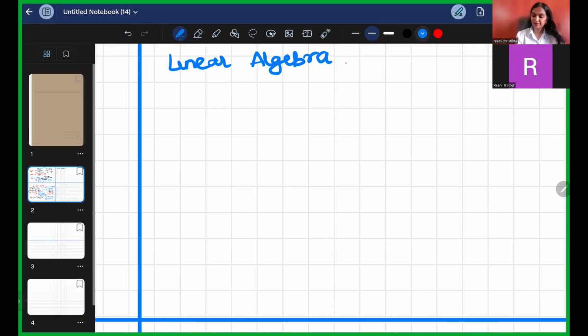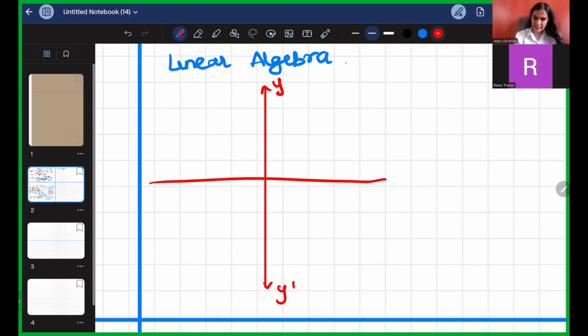So we all know about the y-axis, y dash and y, x-axis, x and x dash. This is the x-axis and y-axis. They intersect at the origin, right? And x and y can be plotted in this.